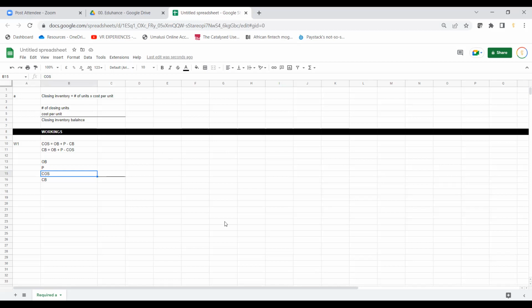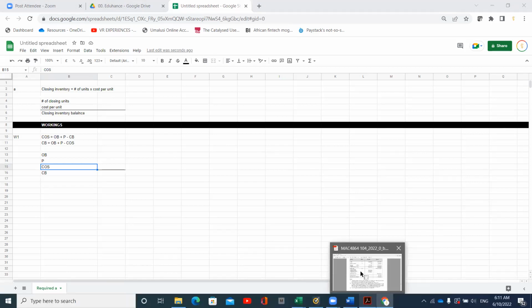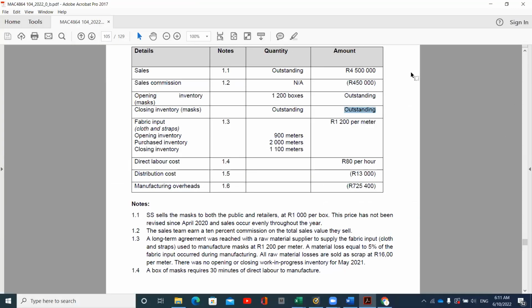Okay, so let me switch back into the question. Okay, so the question here, we have opening inventory, opening masks. So remember, it's very important to understand which inventory balance we're busy with. We are busy with finished goods.